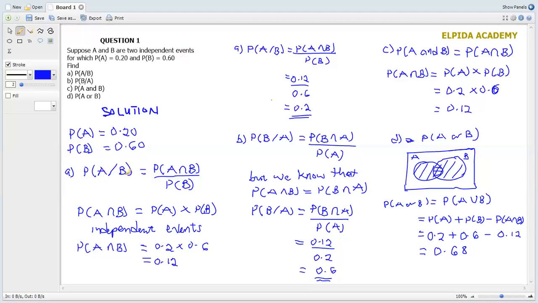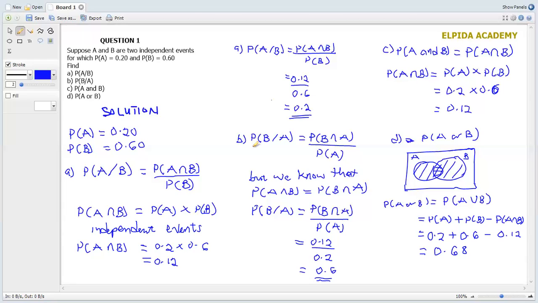Probability of A given B is probability of A intersection B over the probability of the one given, P of B. But we know that for two independent events, probability of A intersection B equals probability of A times probability of B, which gives us 0.12. You already know the probability of B. You substitute that and you get your answer.